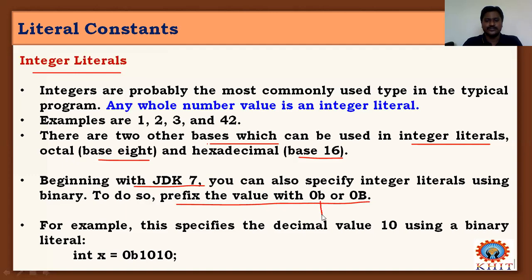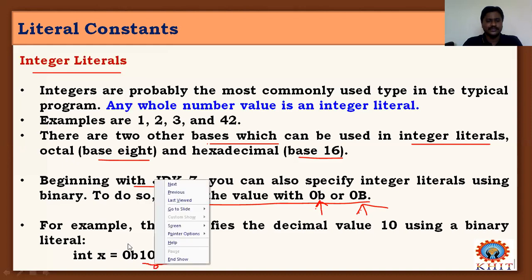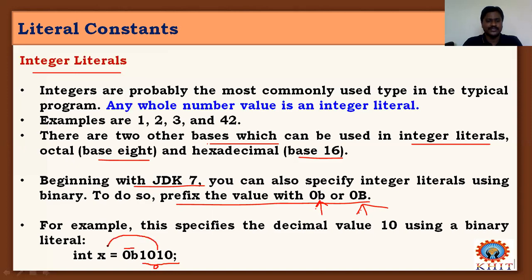Suppose I want to specify a decimal value, you can just type the value, or binary. When you specify binary integral values, you can use a 0B prefix. For example, if I want to specify a number in binary format, you can use 0B and give 1010, which is nothing but the value 10, assigned to integer variable x here.